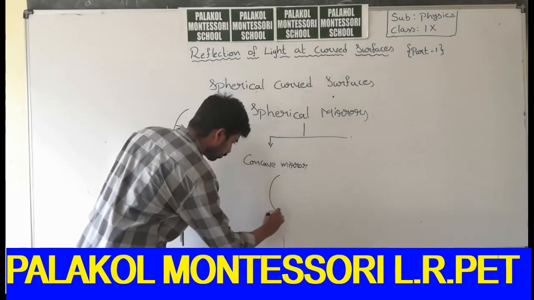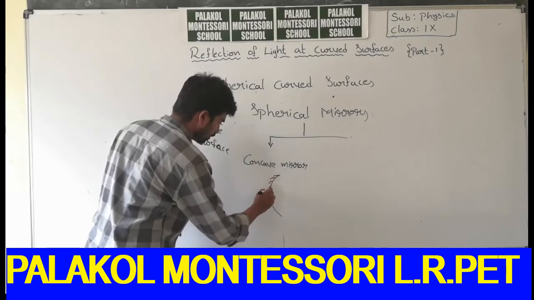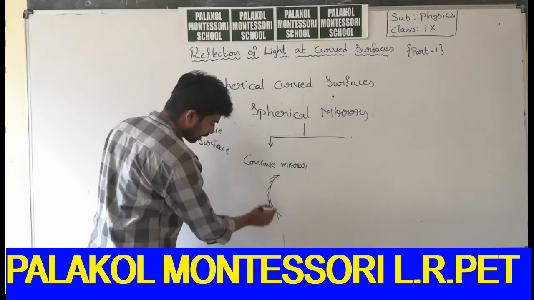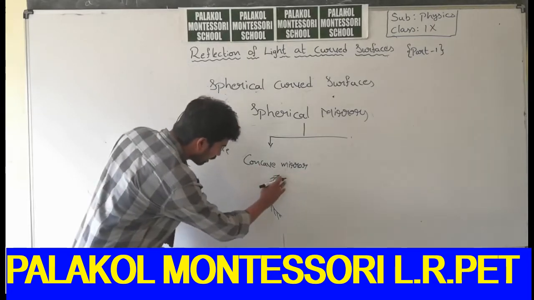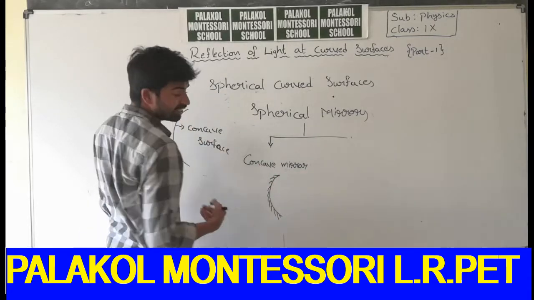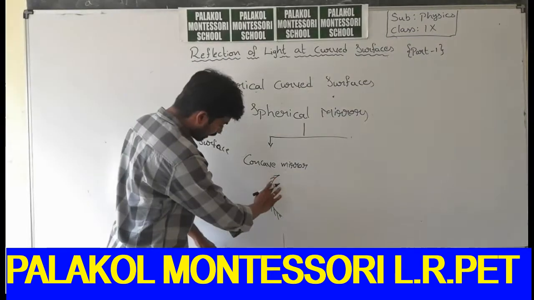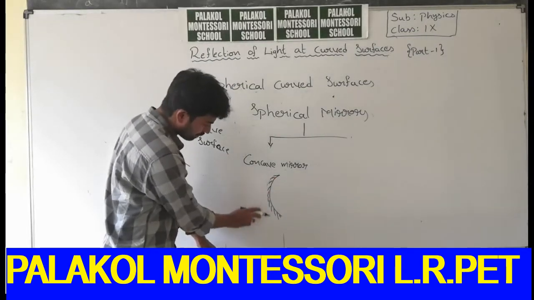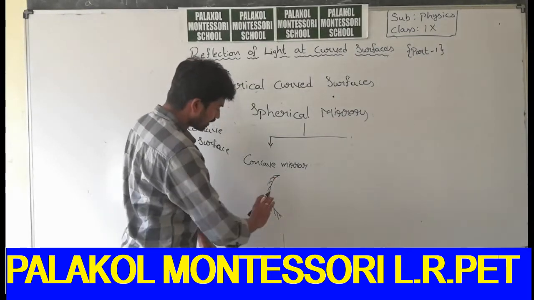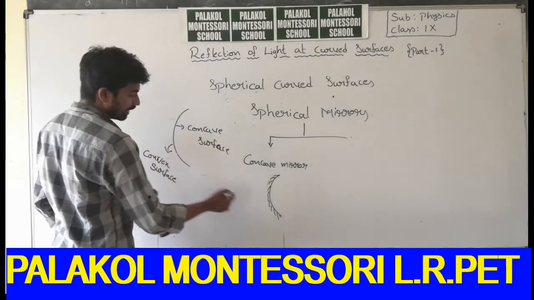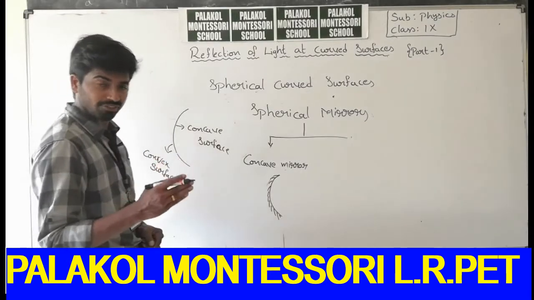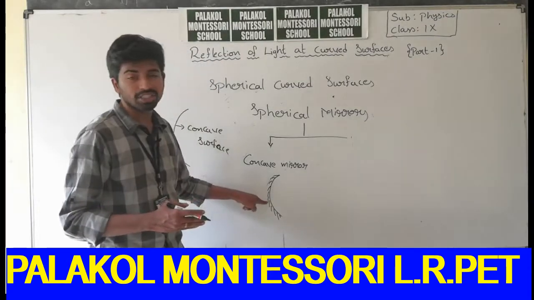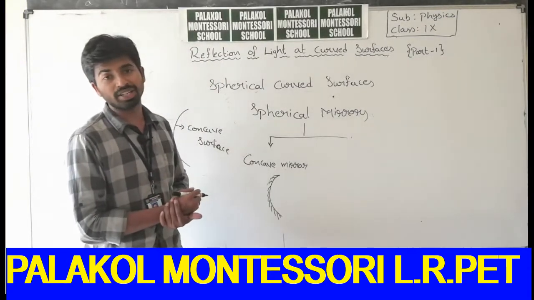You can represent the concave mirror like this. Here I have drawn some lines on the painted side, and on the reflecting side I didn't draw lines. The inward bent surface is the reflecting surface.